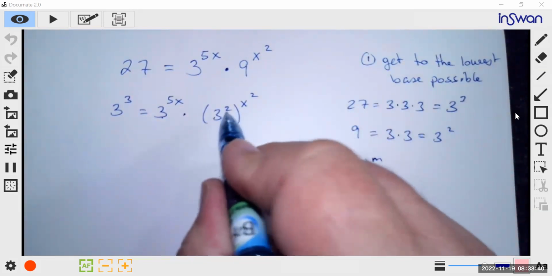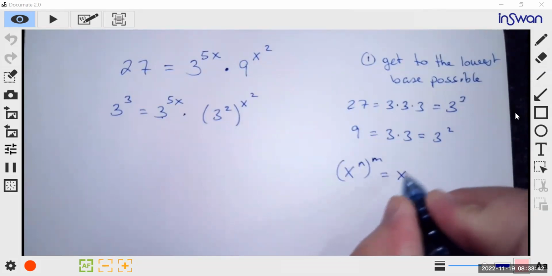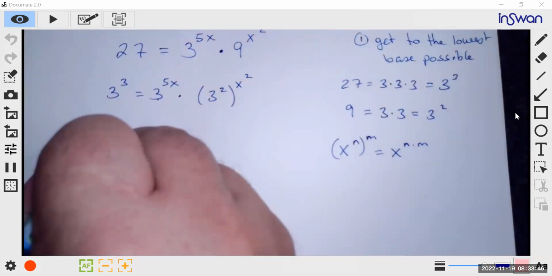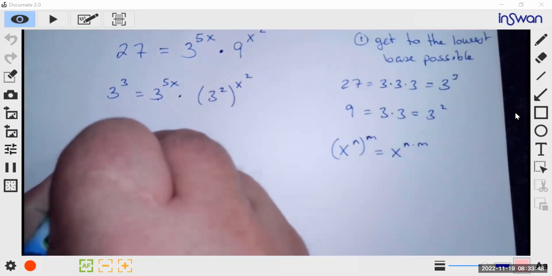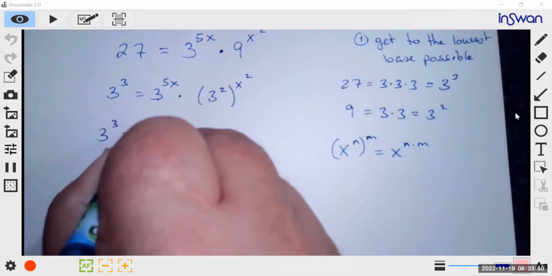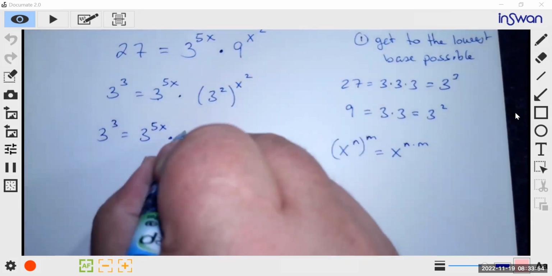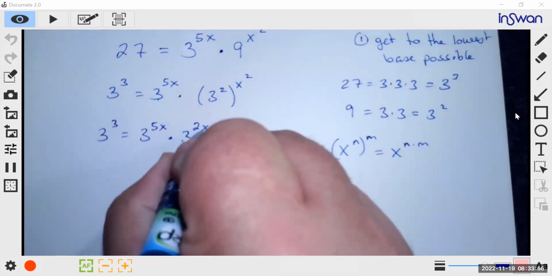Rules of exponents, whenever you have a power to a power, you multiply the exponents. So 2 times x squared is 2x squared.